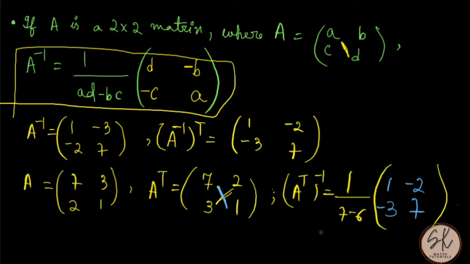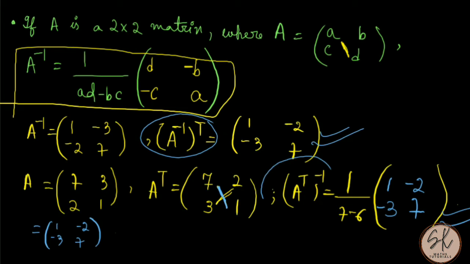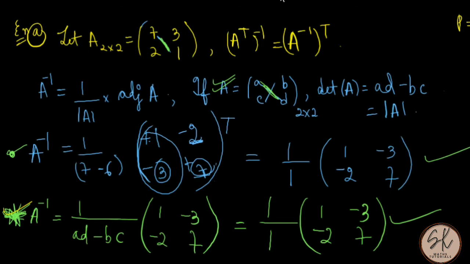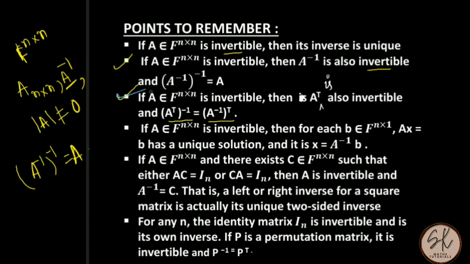Okay, so this is the inverse. Alright, and now from this you can see that this is equal to this, isn't it? So as the transpose of the inverse is equal to the inverse of the transpose, this result is proved. So we got the third result.